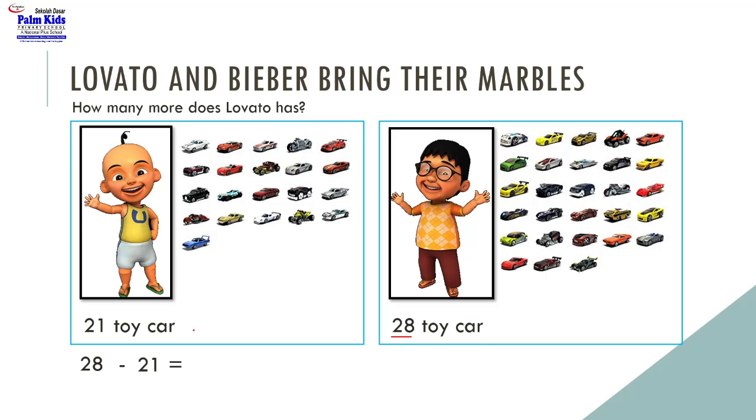How many numbers from 21 becomes 28? 21, after 21 is 22, 23, 24, 25, 26, 27, 28. You count 7 times. Or if you cannot use your fingers directly, you have to write it down from 21 until it becomes 28.